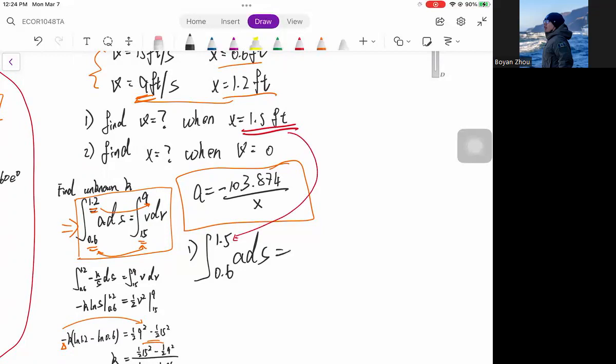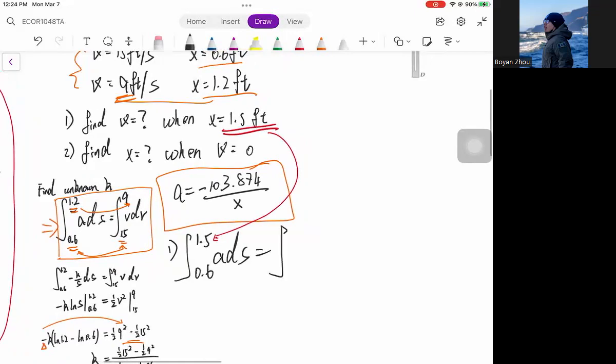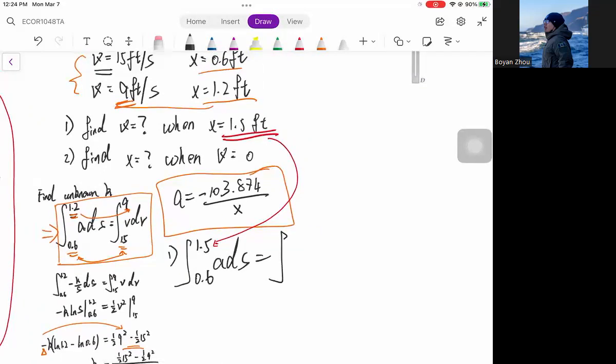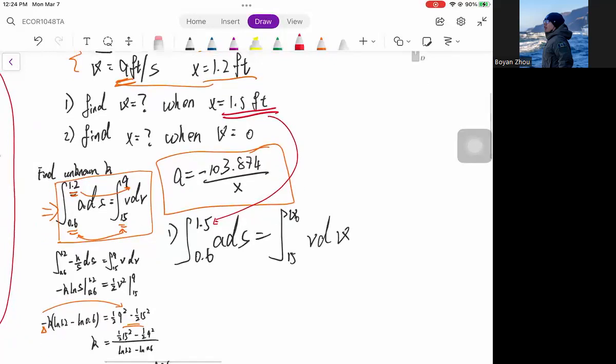This is equal to the right hand side: when the displacement is equal to 0.6, we know the velocity is equal to 15, so we keep the 15 here. And we're looking for the corresponding velocity when the displacement is equal to 1.5 feet. This one is the unknown value, the value we are going to solve for.